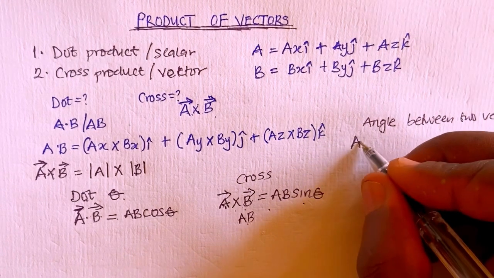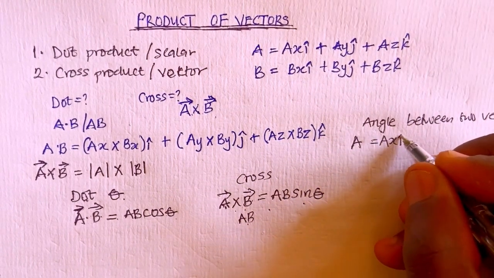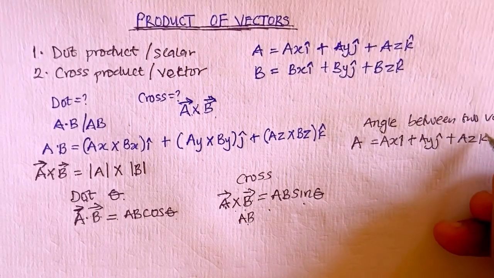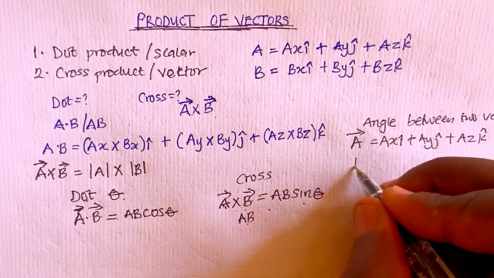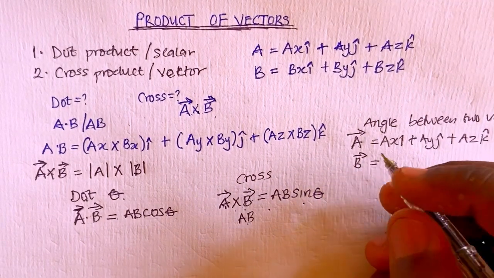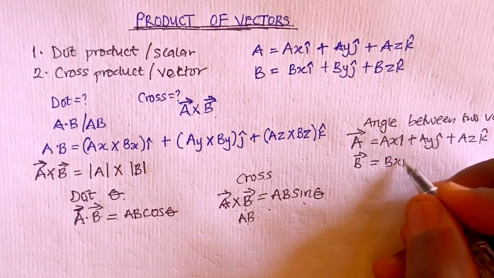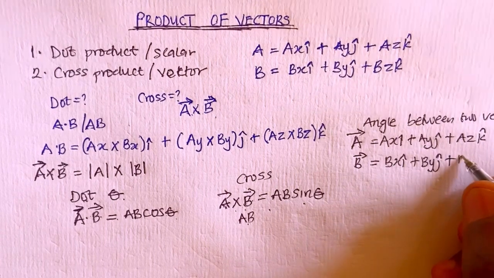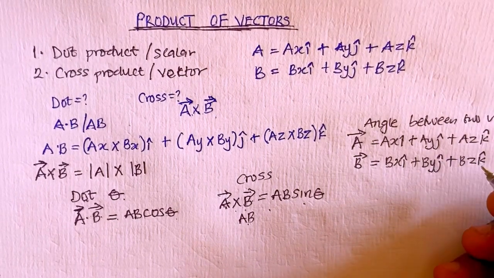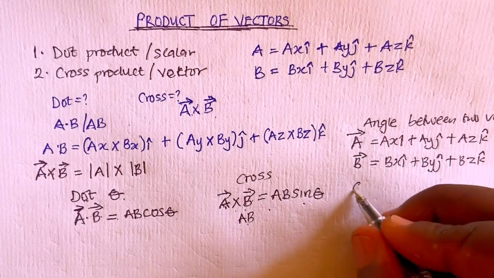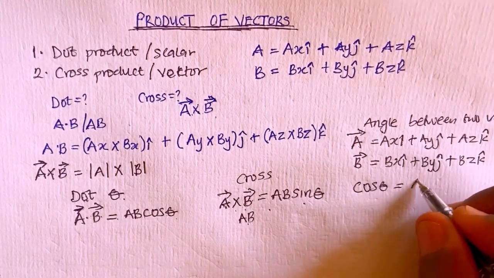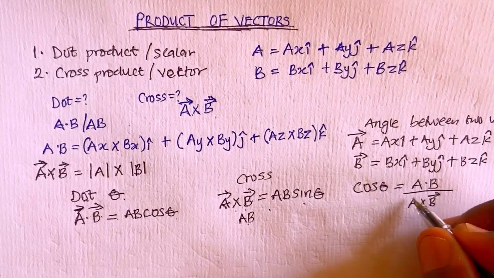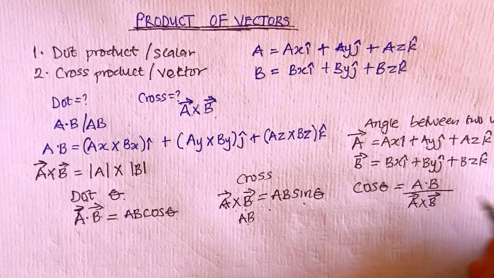Let's suppose vector A is equal to AXi plus AYj plus AZk, and vector B is equal to BXi plus BYj plus BZk. So the angle between the two vectors is given as cos theta equals A dot B divided by A cross B, that is the dot product over the cross product.